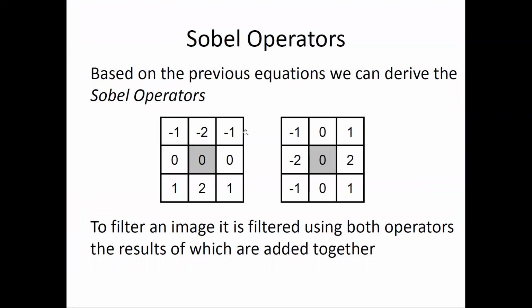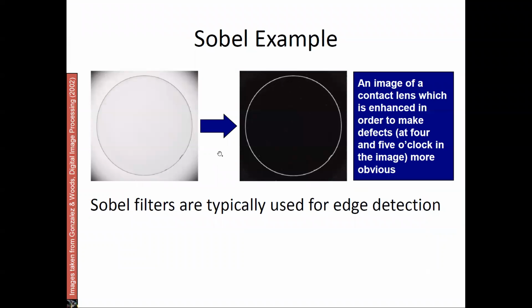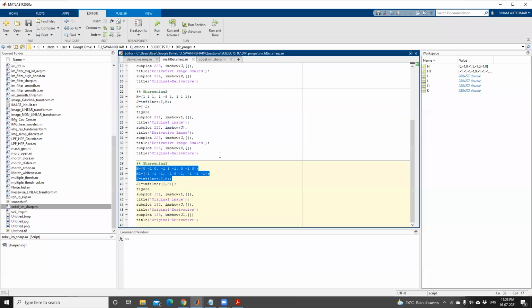Next, we go for the Sobel operators where we have -1, -2, -1. This is the horizontal, and correspondingly I have 1, 2, 1. Similarly, -1, -2, -1 and 1, 2, 1. This is for horizontal and vertical. By this, we can enhance the horizontal and vertical components.